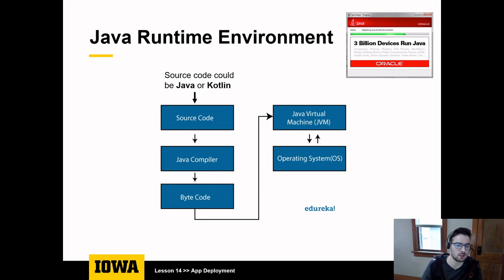This is the equivalent to the common intermediate language in .NET. And then the Java virtual machine, which is another name for the Java runtime environment, and it's the equivalent of the .NET runtime, is what gets installed on the user's machine, and then that performs a communication with the operating system and the computer's architecture.